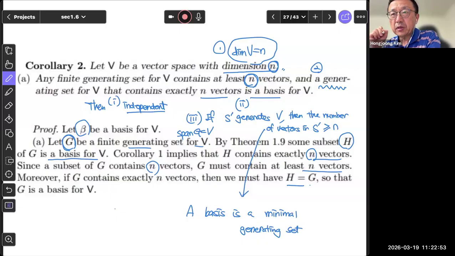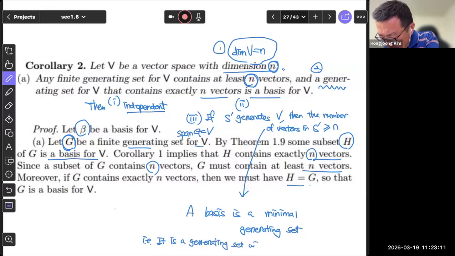So in other words, it is a generating set with the minimum number of vectors.